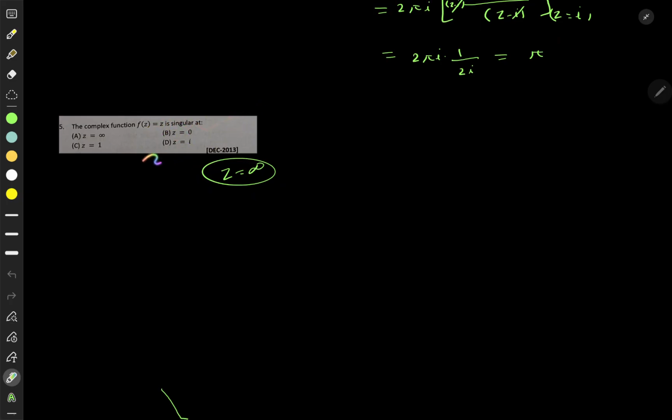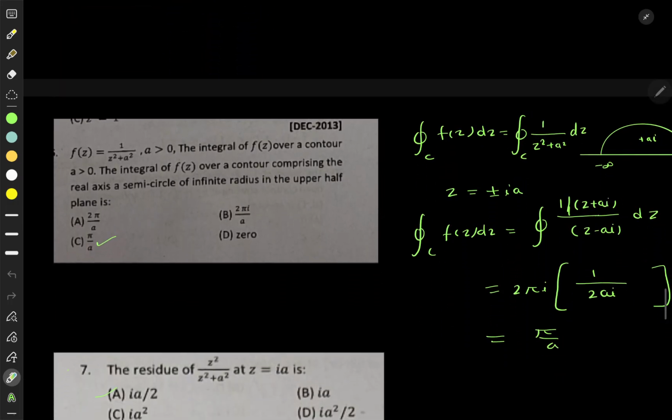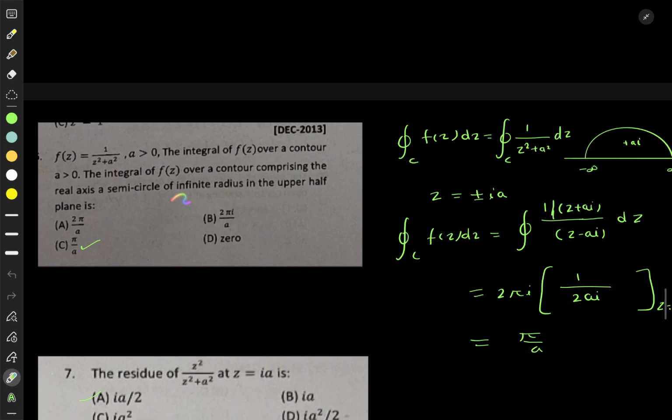Very easy question. At z equal to infinite, the complex function f of z is a singular point. This is the same question we have discussed above. 1 upon z square plus a square, a is greater than 0, for the contour: real axis and semicircle of infinite radius.